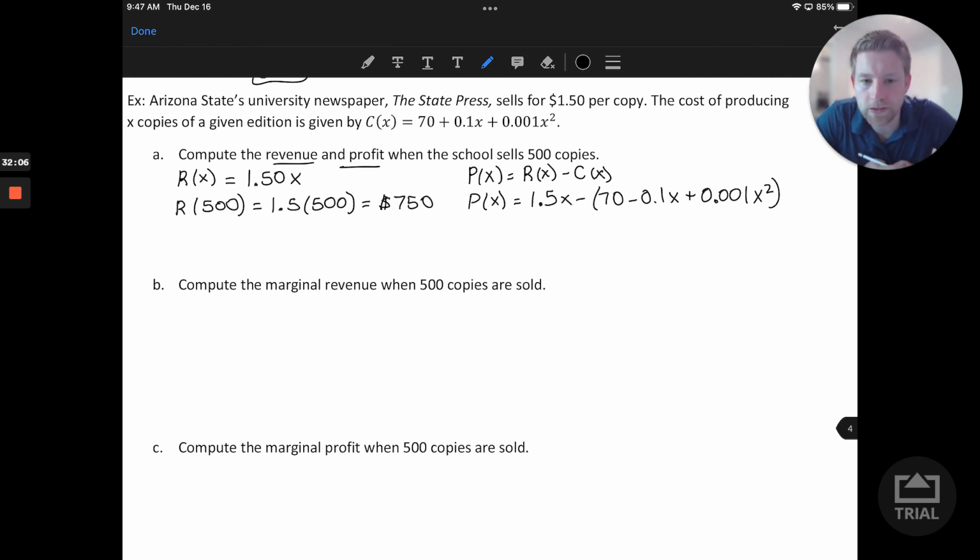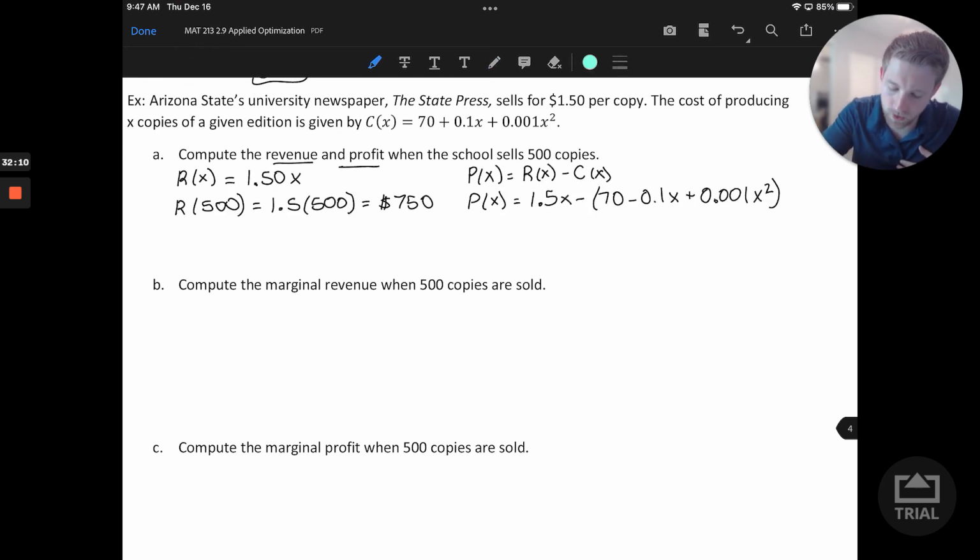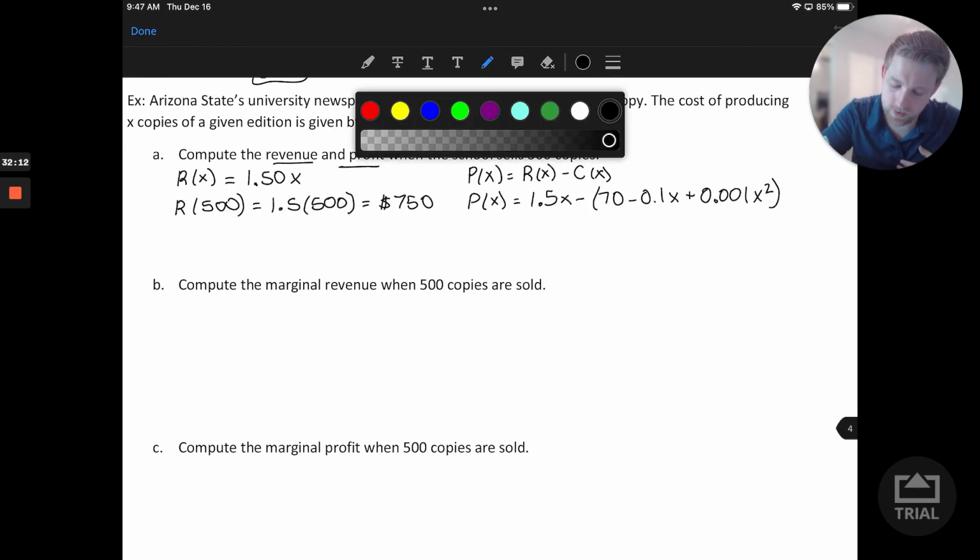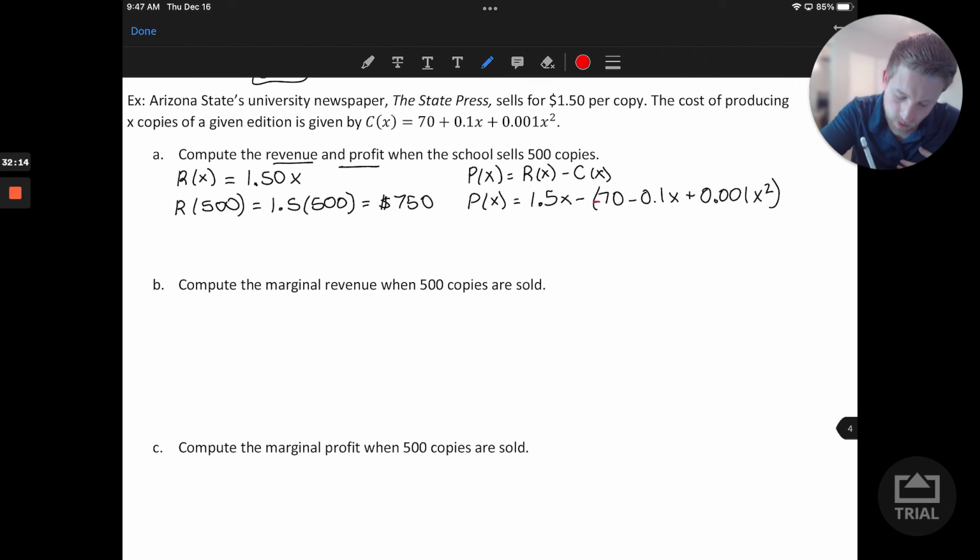Looks like we'll need to simplify this a little bit. We will have a distribution of a negative here, so that'll become a negative, positive, and then we'll have a negative when we distribute. And we can rewrite this one time here for our profit function.